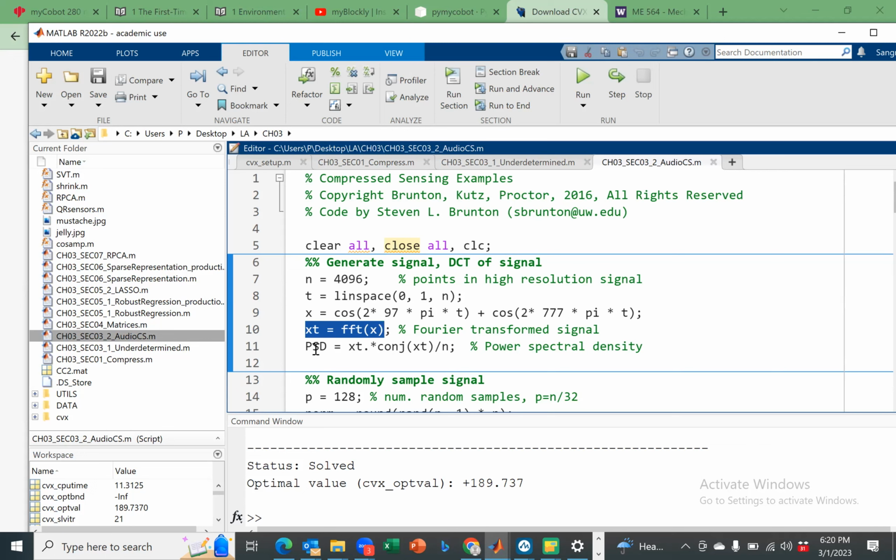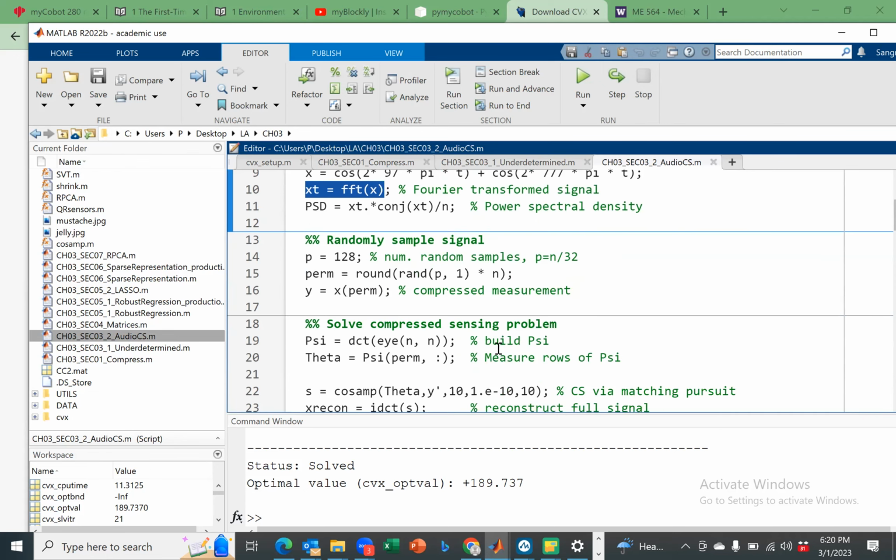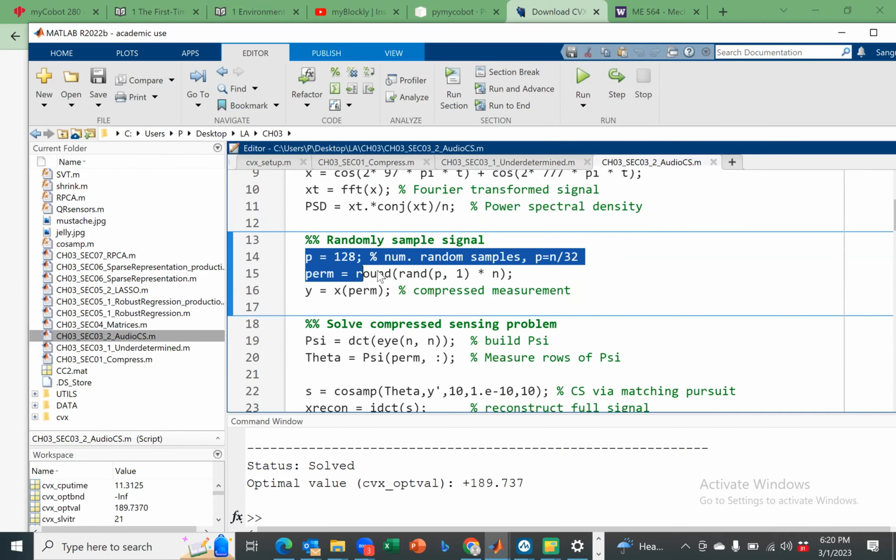Now, the next part is very important. I'm going to randomly sample the signal. So I'm going to use a basis or a kernel that is randomly sampled, and capture random snapshots from the original signal.